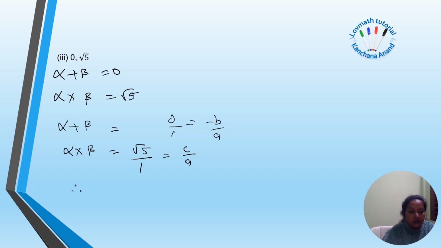Therefore, here a is equal to 1, b is equal to 0 and c is equal to root 5.